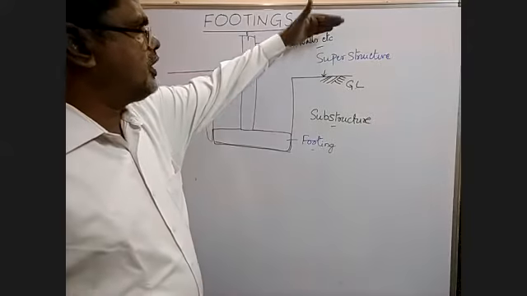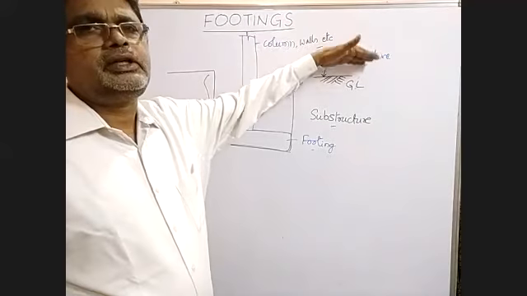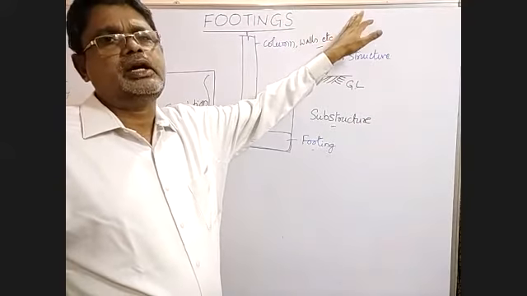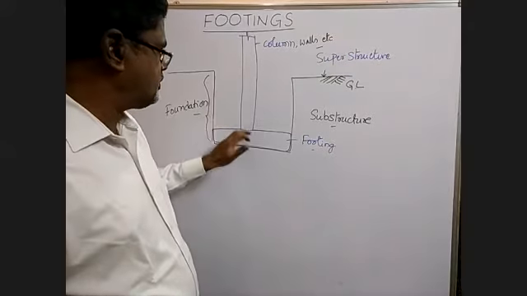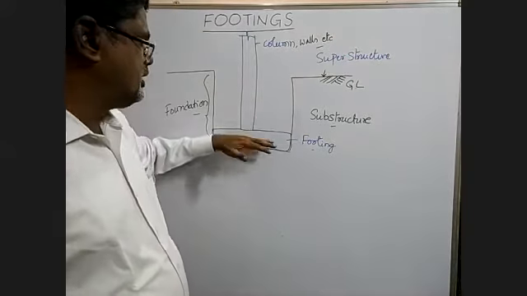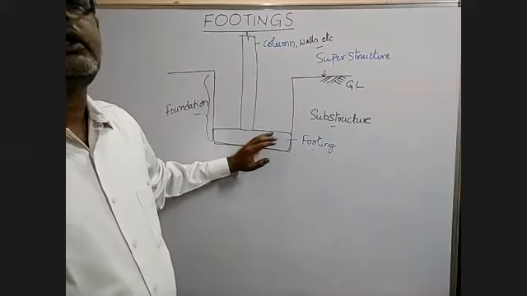This top portion we call it as a superstructure. The superstructure consists of columns, beams, and slab. And the substructure, of course the column is also inside the substructure. Here you have the footing.